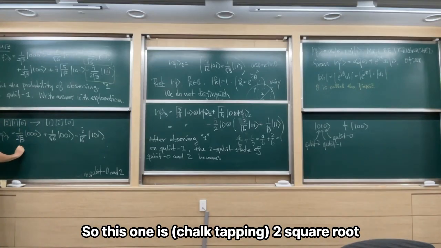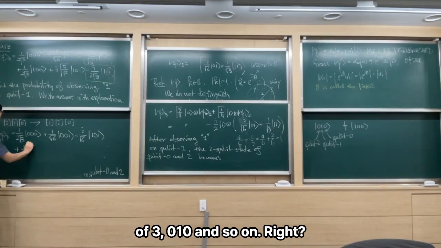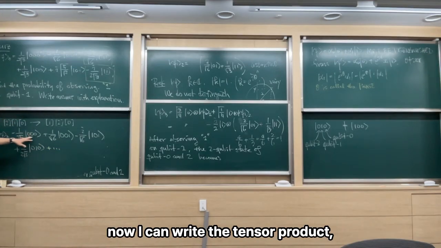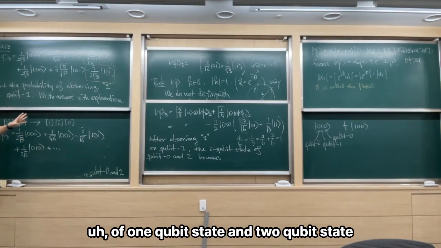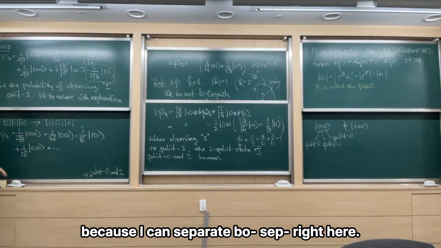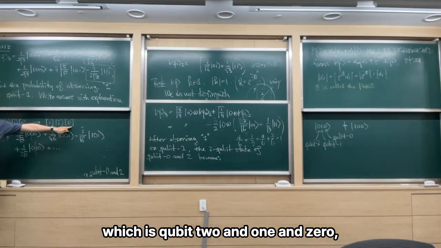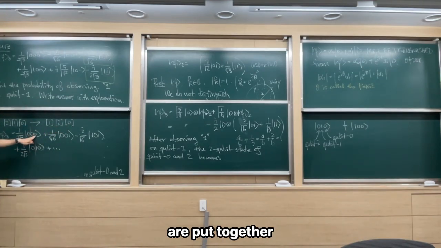So this one is 2 square root of 3, 0, 1, 0, and so on, right? So now I can write the tensor product of 1 qubit state and 2 qubit state because I can separate here, and the other 2 qubits, which is qubit 2 and qubit 3, are put together.